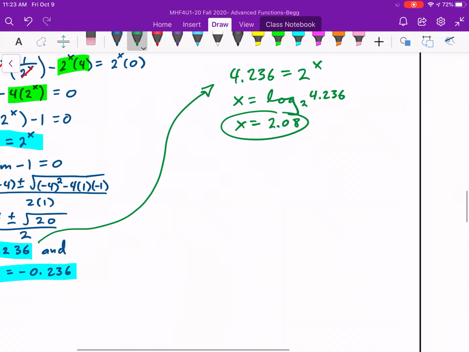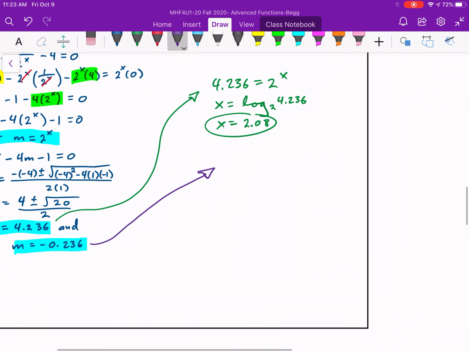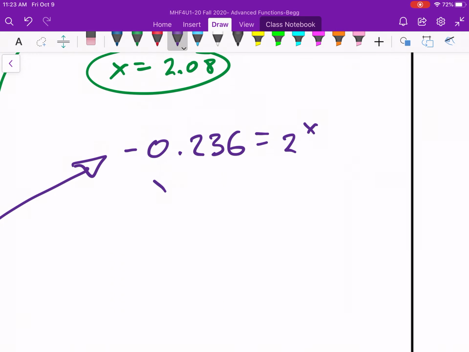But there could be another solution because we had that other value of m as well. Let's do this one in purple. So if we do the same steps, and then rewrite just like we did before. That's a 3.